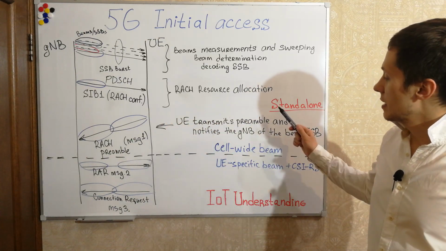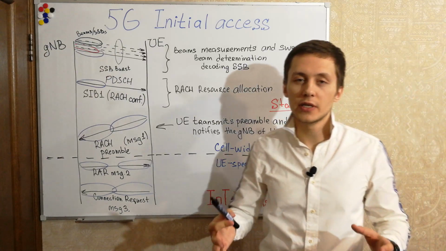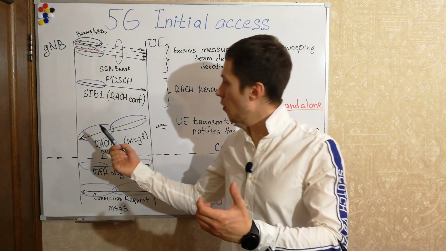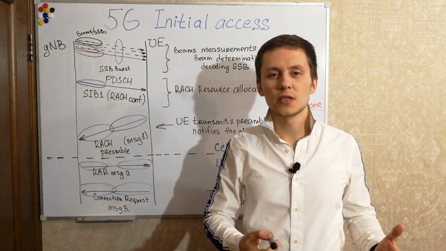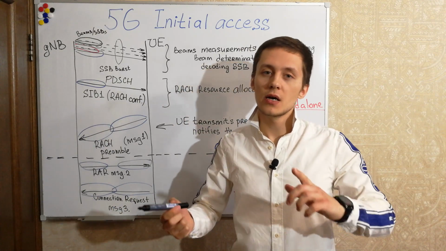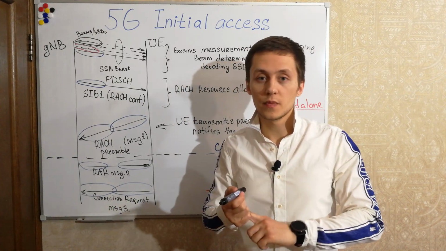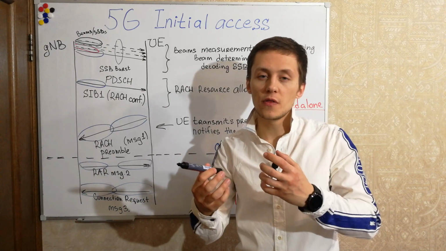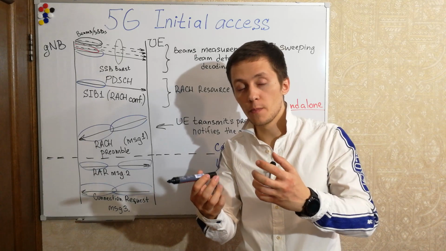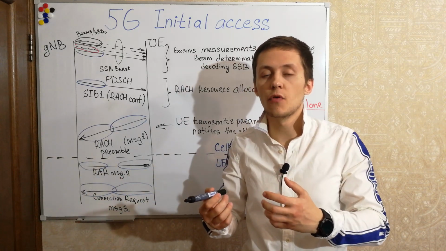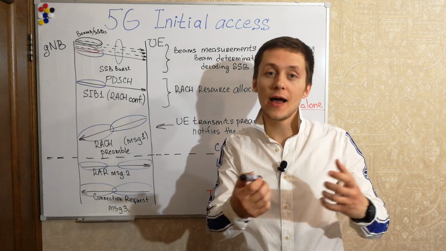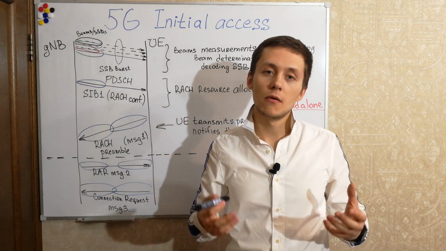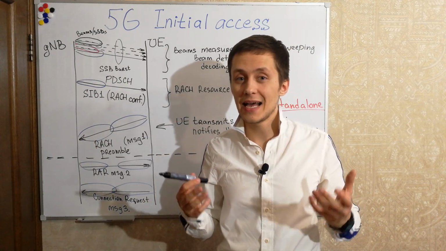In case of non-standalone, in case of dual connectivity with LTE, user equipment receives all necessary random access configuration and PCI value and other possible things to perform initial access. User equipment receives this from the LTE network, from the LTE base station via RRC reconfiguration message. And this is again a very important point to know and understand.